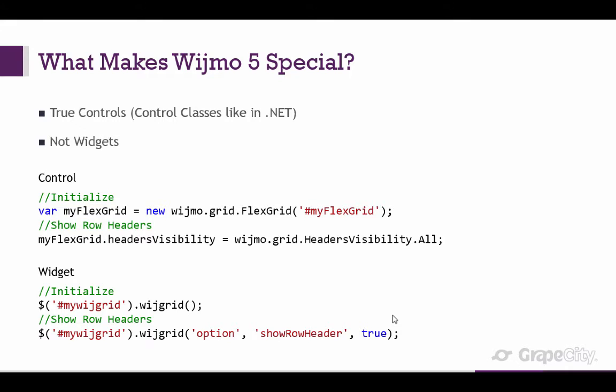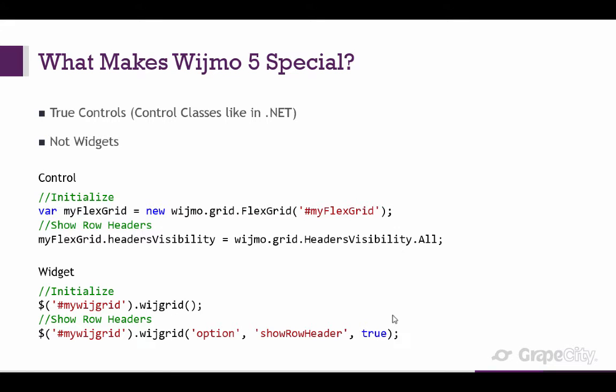So what makes Wijmo 5 special? The most important thing is that we have true controls, and we write controls as classes just like we do in .NET. And when I say controls, I mean they are true controls. They're not widgets.